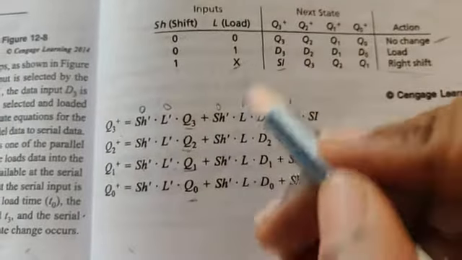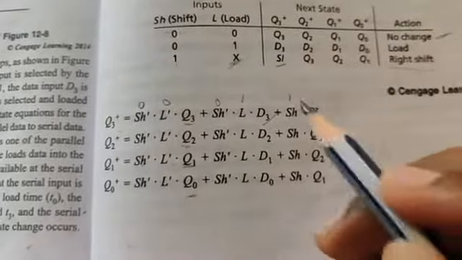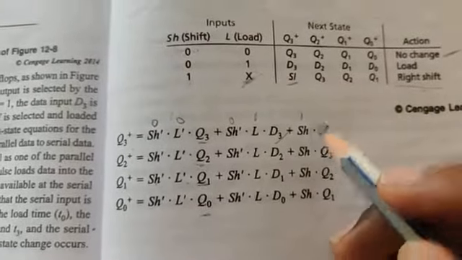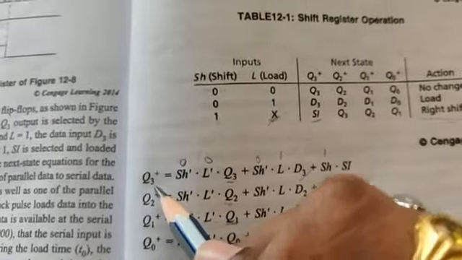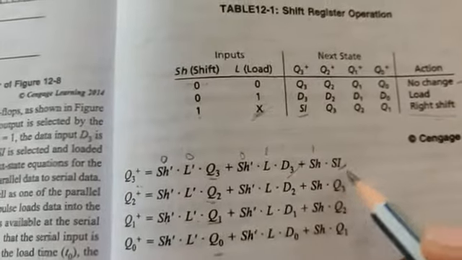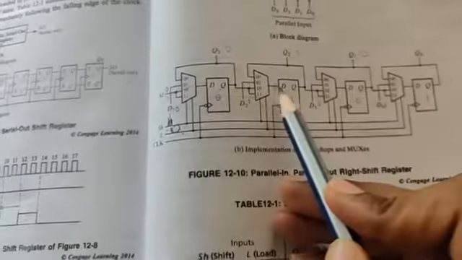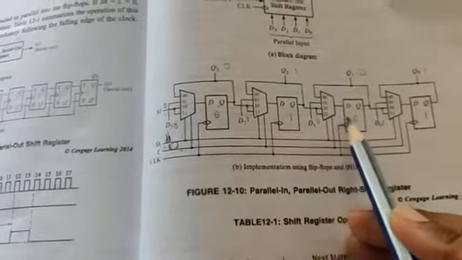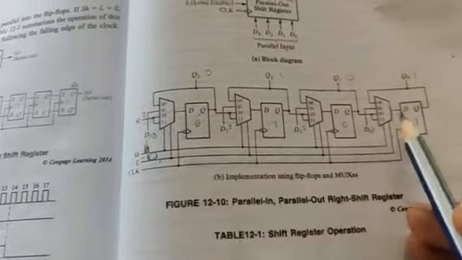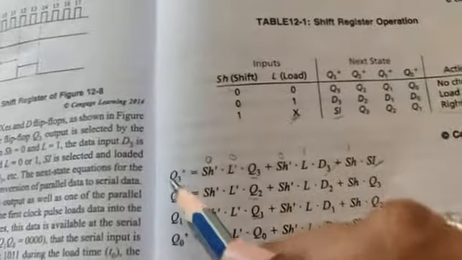When shift is 1 and we don't bother about load, first Q3 will accept the data from the serial input, that is what they have written, SI. Then Q2 will accept the data from Q3, Q1 will accept the data from Q2, and Q0 will accept the data from Q1, the same theory.